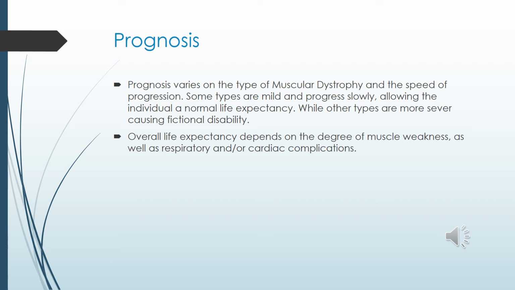So overall life expectancy depends on the degree of muscle weakness as well as respiratory and/or cardiac complications. So while there is no cure for muscular dystrophy, doctors can help manage it and slow down the progression of the disease.